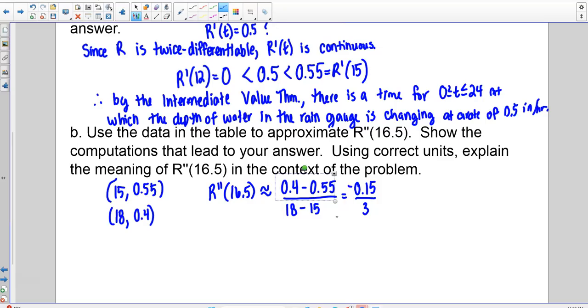And I think this would be calculator inactive. You don't necessarily have to divide that, but it does make it easier to make the statement later if you just have a number. So that's going to be negative 0.05 there.